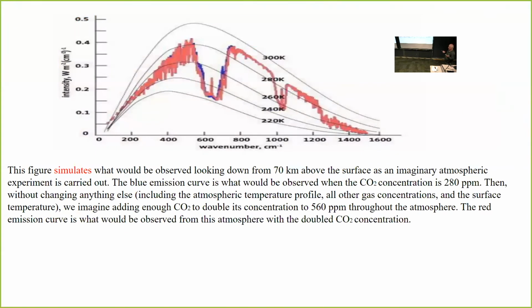Did they just take direct measurements? Or did they just do a simulation to come up with these numbers that they're using for what's going to happen if we increase CO2 in our atmosphere? How much is the temperature going to change? I'm not comfortable if people are just doing simulations rather than direct measurements. They're saying that the red line is wider than the blue line based on a simulation. I don't know.